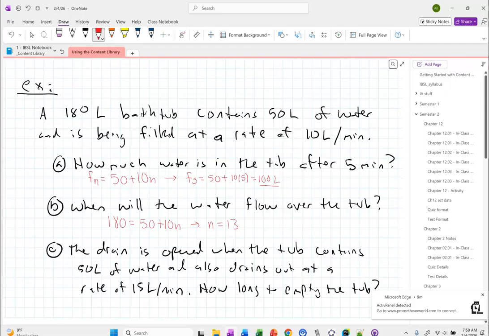At 13 minutes, how much water will be in the tub? 180, right? Will the tub be overflowed if there's 180 in it? No. 14 is, well, what happens between 13 and 14? Is the tub overflowing though? So starting at 14 is wrong also. What do you want to say?